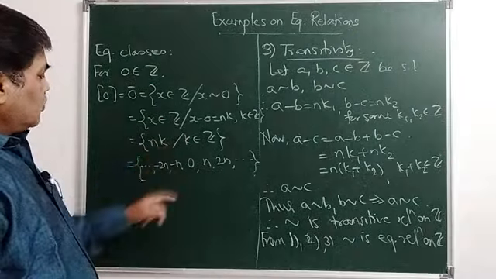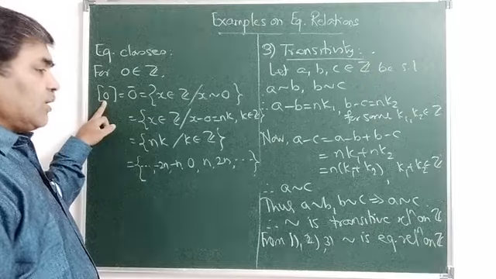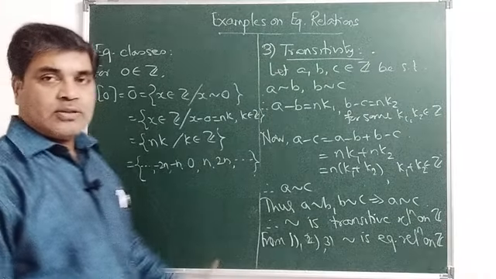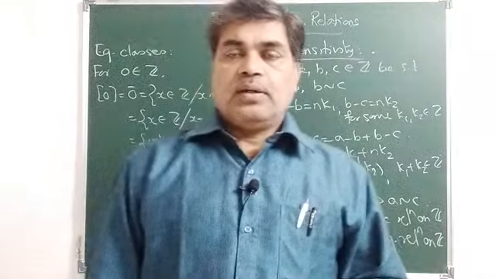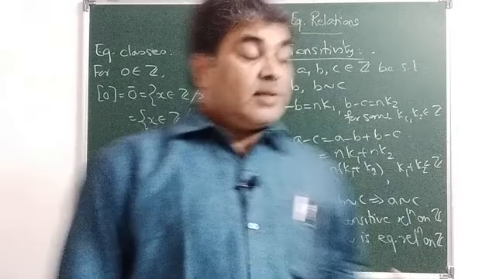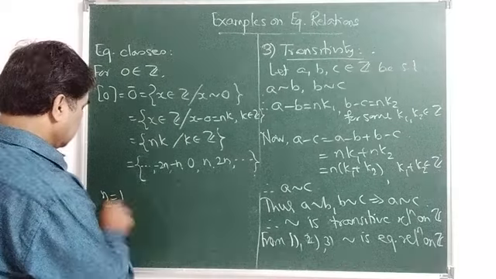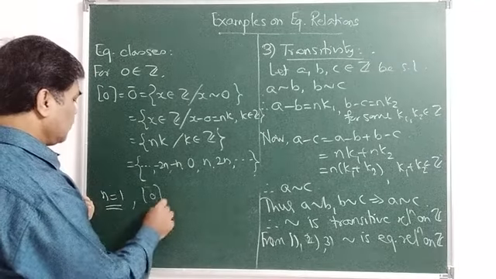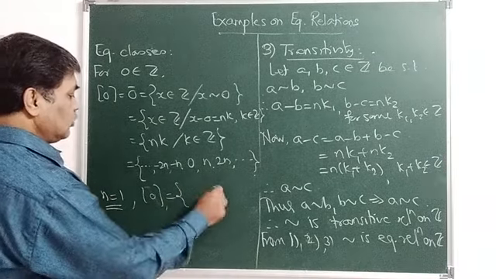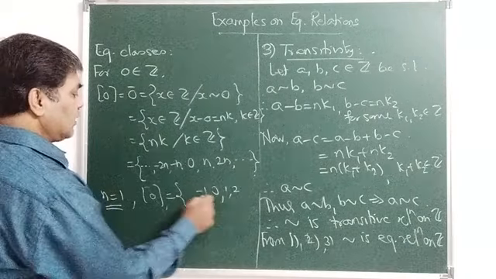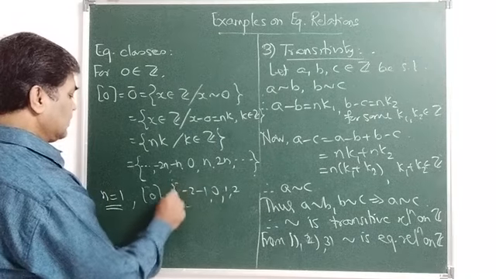Is it clear? So every integer must lie in the equivalence class of 0. In that case, if n is equal to 1, then the equivalence class of 0 will become 0, 1, 2, minus 1, minus 2, and so on on this side.